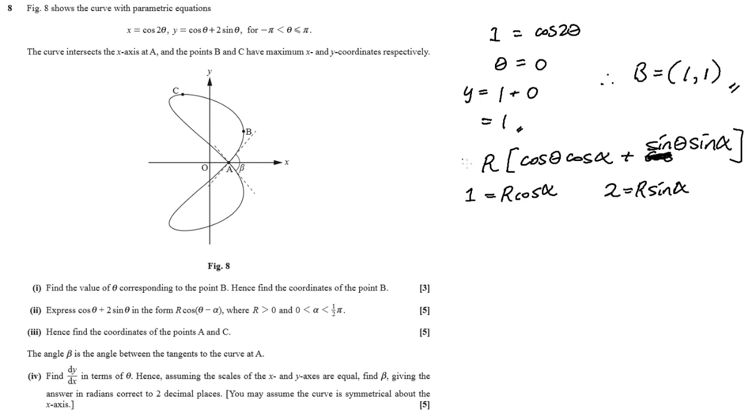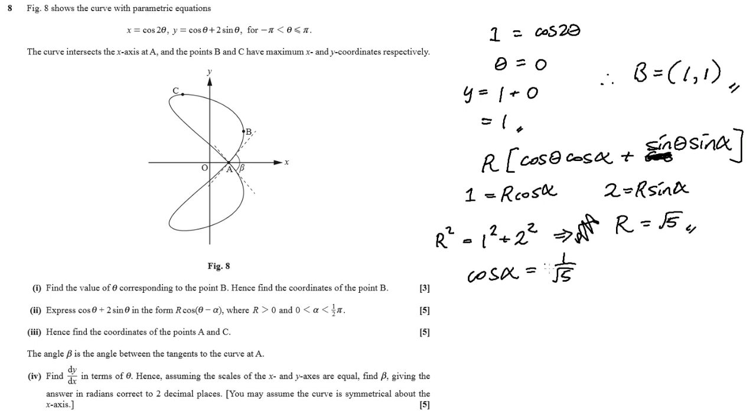What about r? The value of r has to be the quadrature sum of these two coefficients, which is 1 squared plus 2 squared equals r squared. It's just like Pythagoras, which gives you r equals root 5. So from then you can just rearrange for cos alpha equals 1 on root 5.